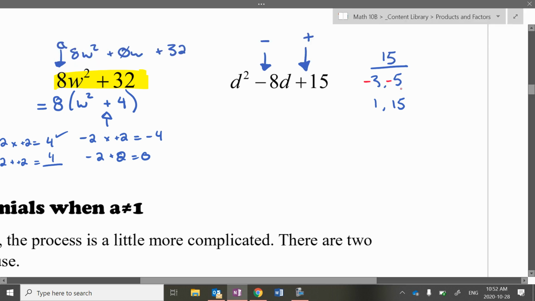So -3, -5, -1, and -15. So I have to add to -8. -3 and -5 does. This would be -16. So when we write out our factors here, I get d minus 3 and d minus 5. Could I write that in the other order? Yes.